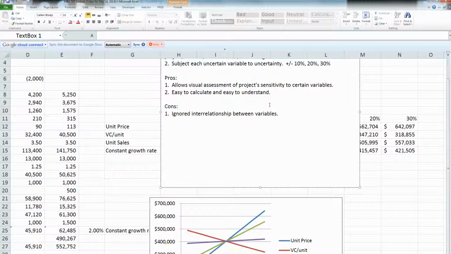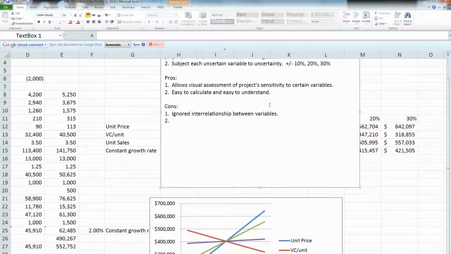Or if I increased my price, unit sales would probably drop. If my variable costs rose, then maybe my unit price would go up because I would pass that increase in cost along to my customers. But the sensitivity analysis completely ignores that.